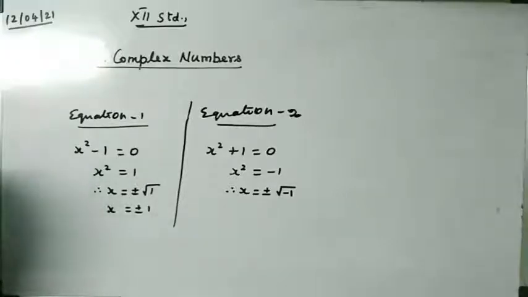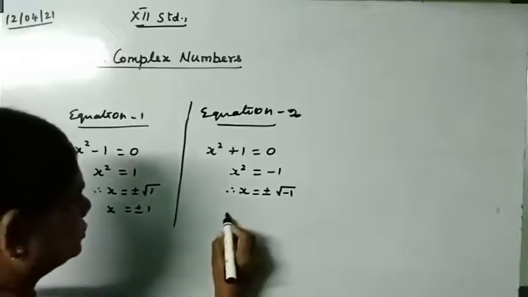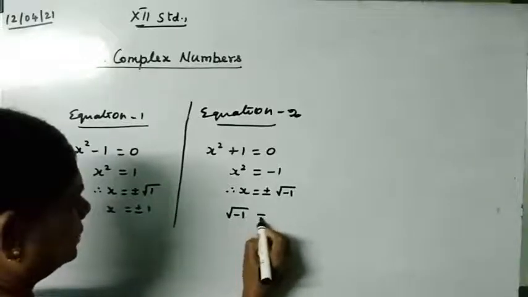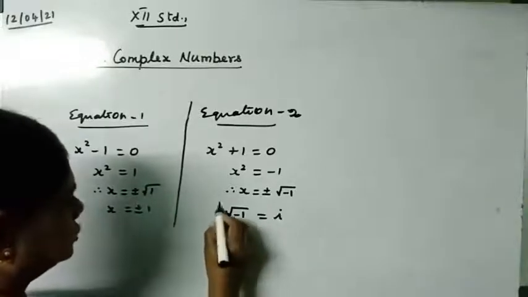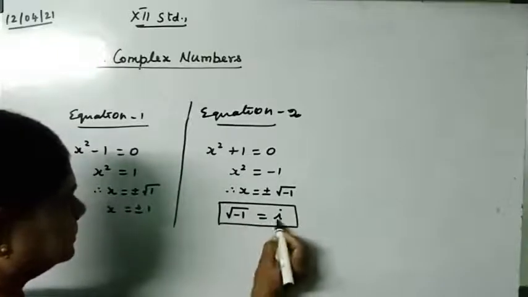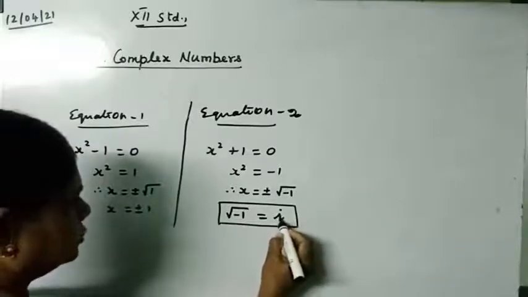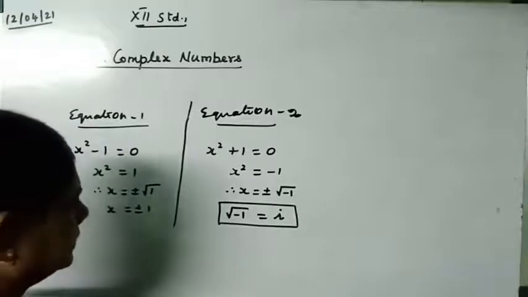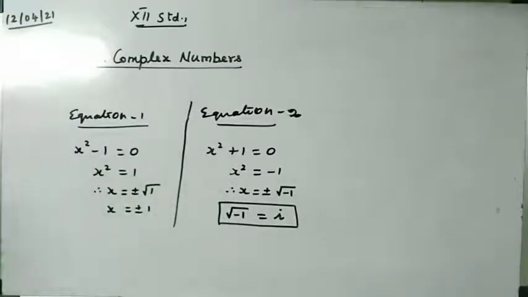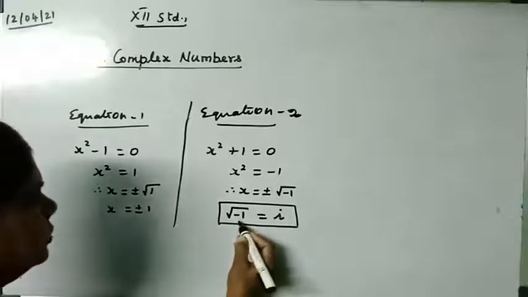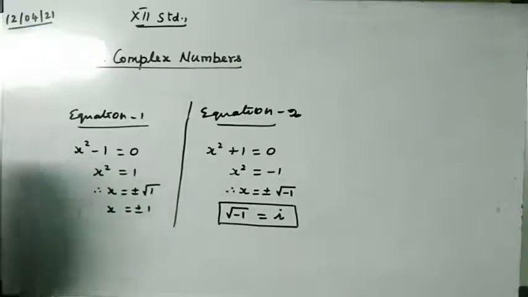Let us create an imaginary number, which is square root of minus 1 is equal to i. So, square root of minus 1 is equal to i. It is denoted by the small letter i.